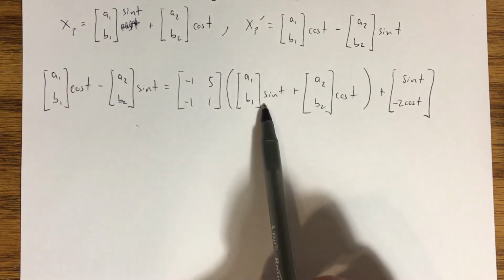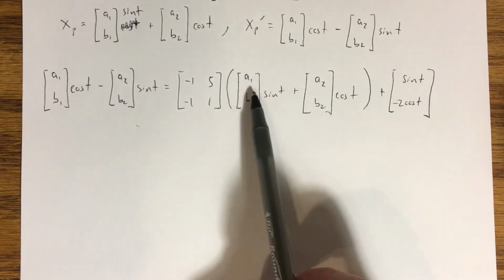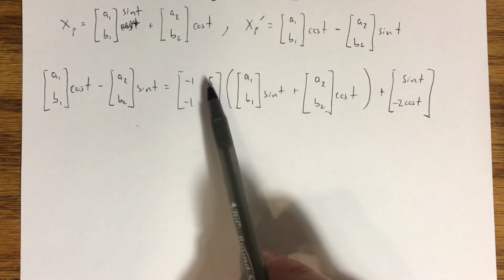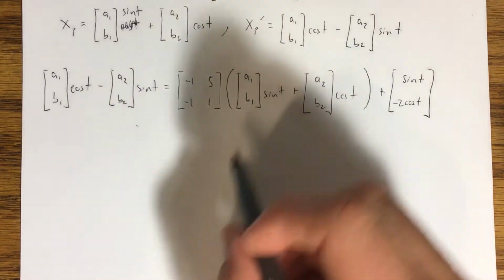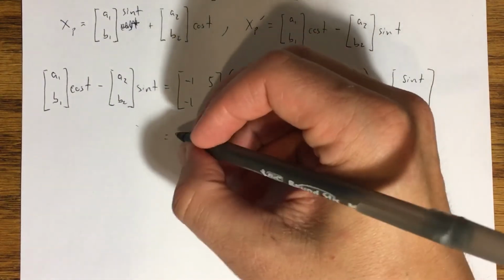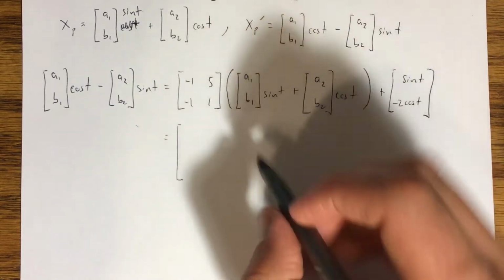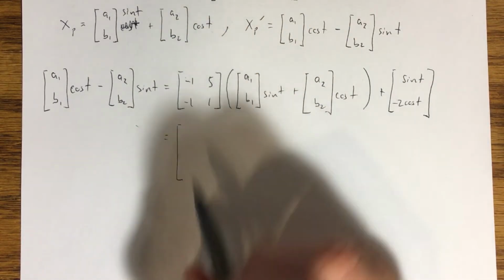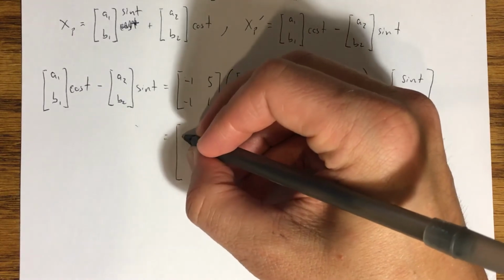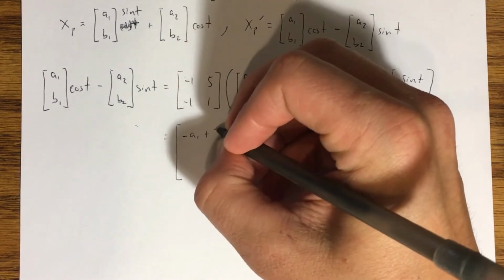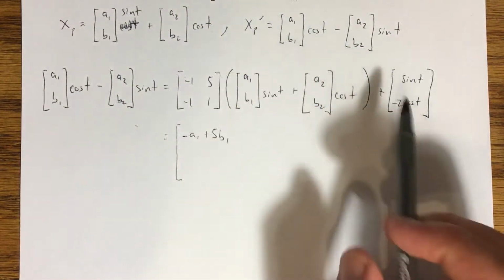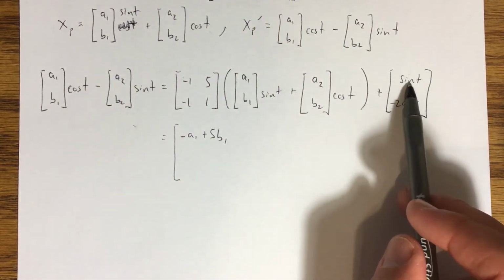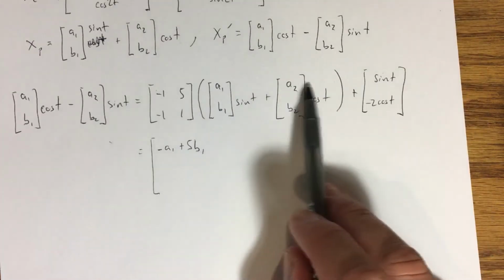For my sine of t, I have to take this coefficient matrix and multiply it to this guy. So what's that going to look like? Well, on my sine of t, I'm going to have -A1 plus 5B1. And then in addition to that, once I've done that, there's also this guy out here which has to be added to the result of all this.